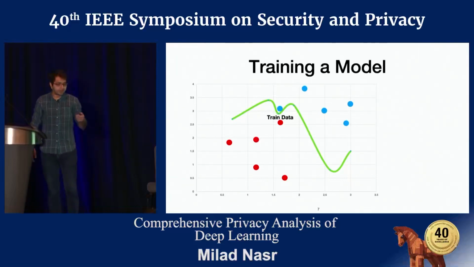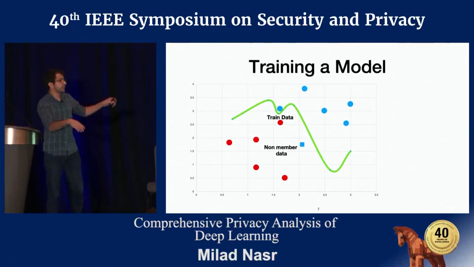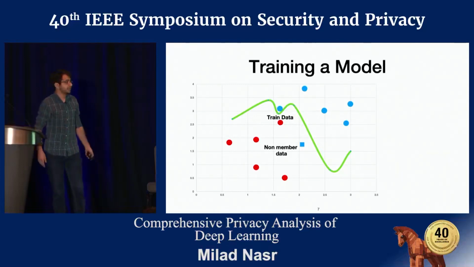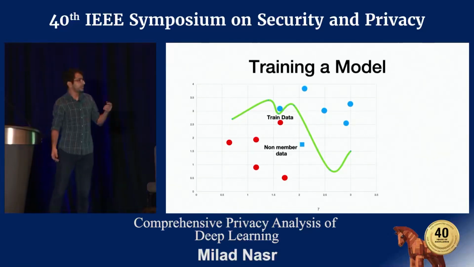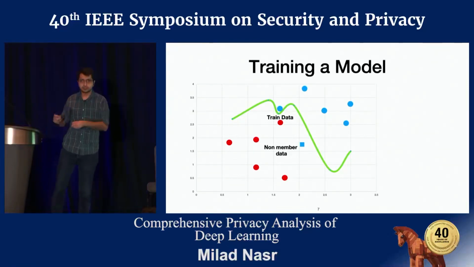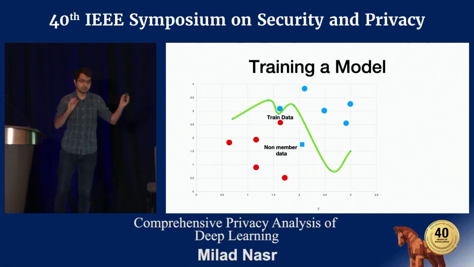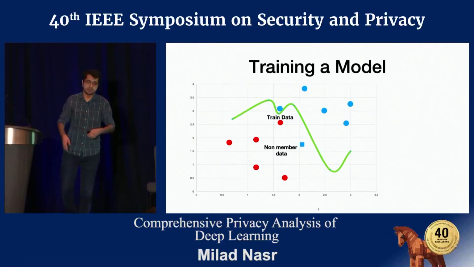Then let's assume that after you train the model, we have a new data point which was not part of your training data. What is the difference between these two points? One main difference is that you use all of your training data points to reduce the loss. So you will have a much smaller loss for the member data points compared to the non-member data points.